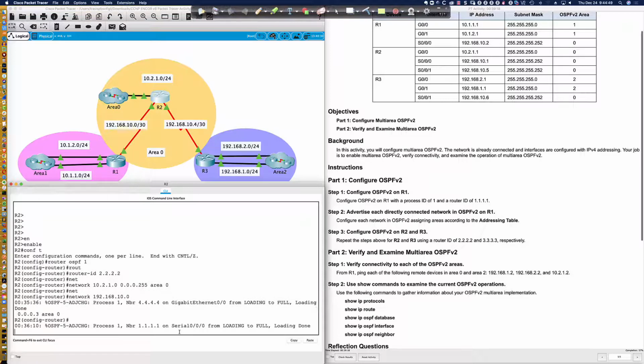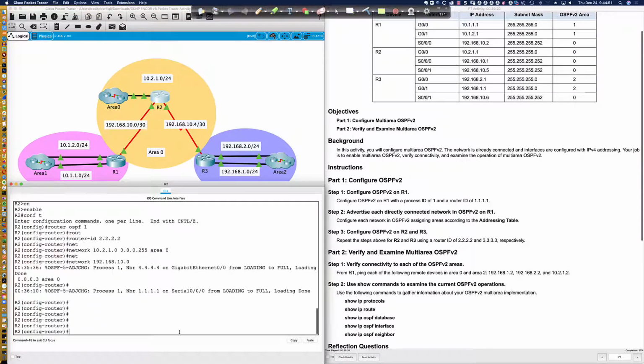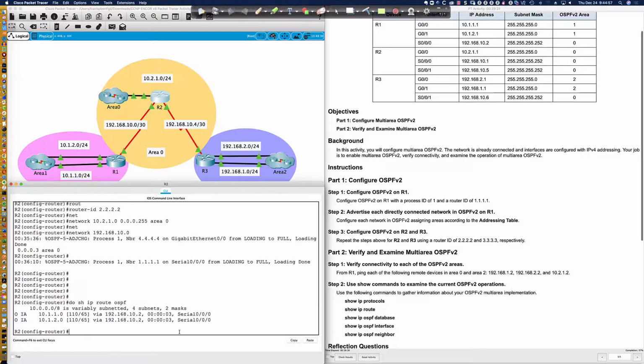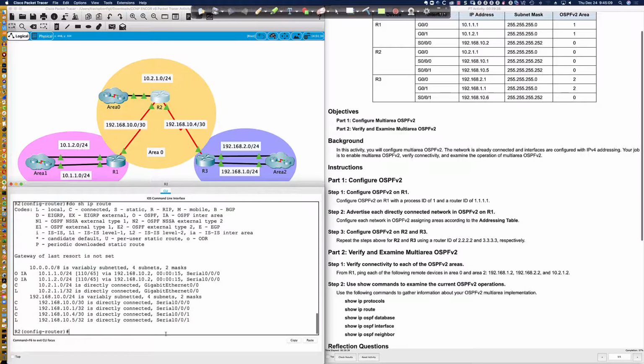Now, this adjacency is going to come in there. It came up rather quickly. Let me say, do show IP route OSPF. Let's see what we have in our routing table here. And this is it right here. So, O represents an OSPF learned route. In fact, let me just say do show IP route so you can see the legend here for the codes. O is an OSPF learned route.